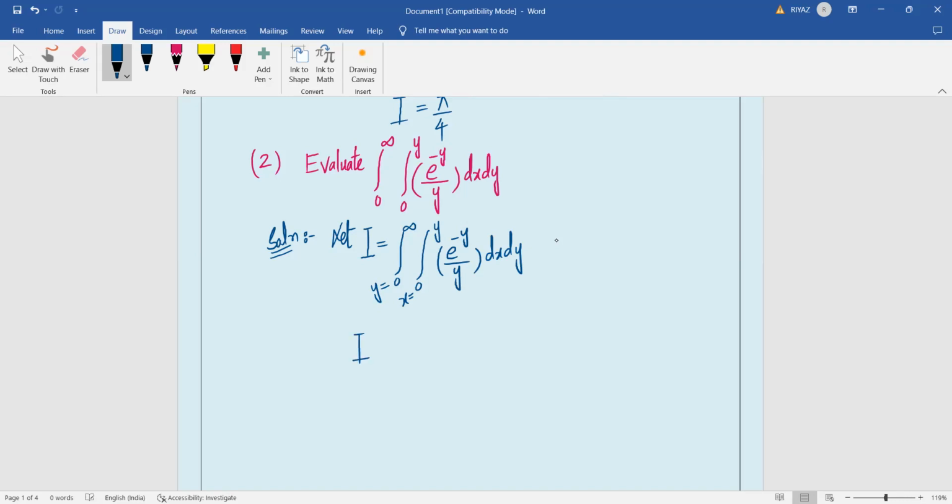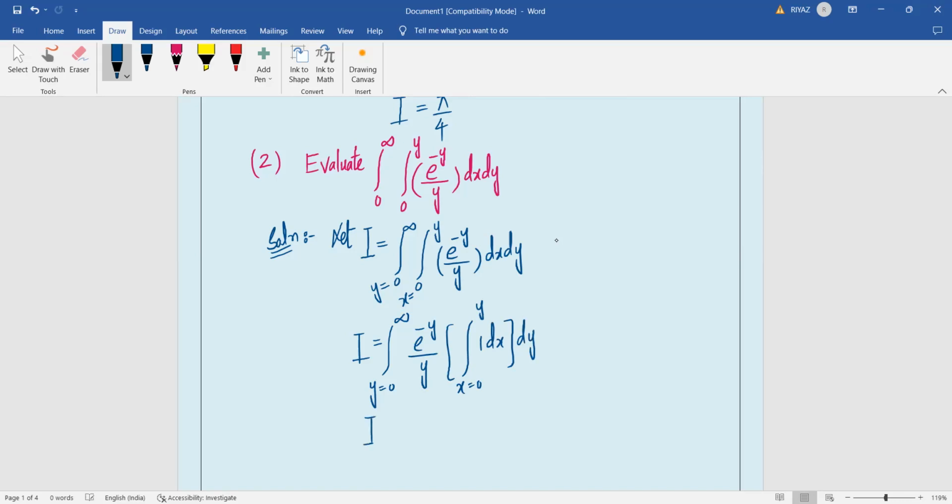Right now the complicated one is x, so x only. So y is equal to 0 to infinity. We specify the region and take the y terms outside, e power minus y by y outside, and then specify the region x is equal to 0 to y. Here nothing else is left, means 1 dx is left, and then this is dy.